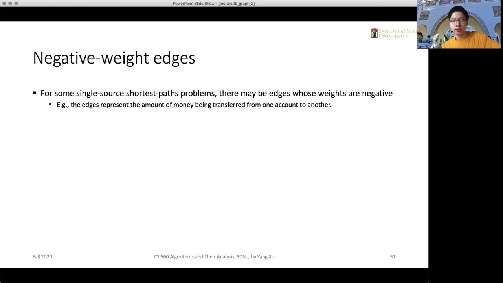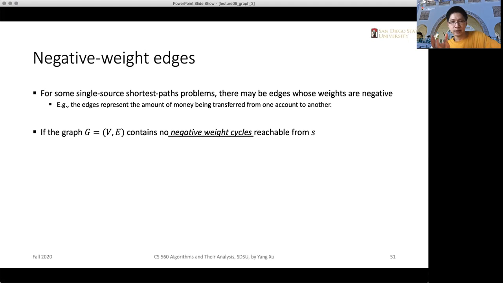The specialty about negative weight edges is that we want to avoid negative weight cycles. This is something new we're going to look at today.